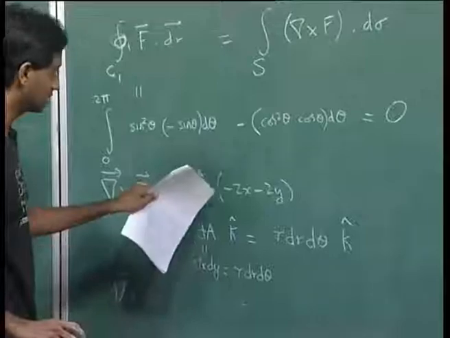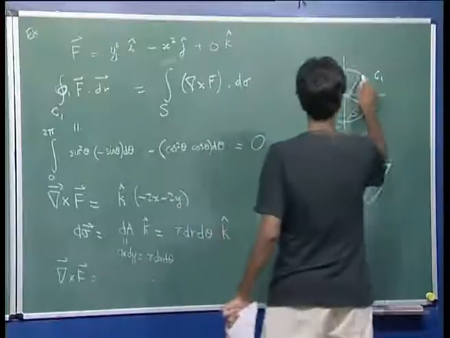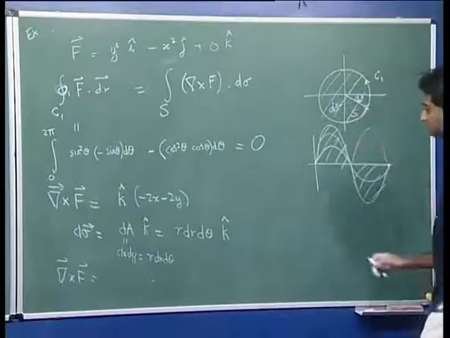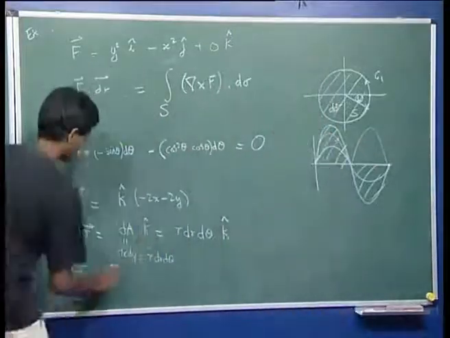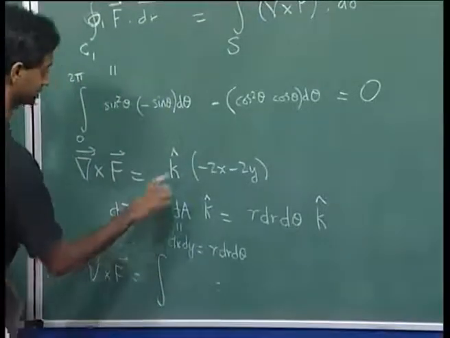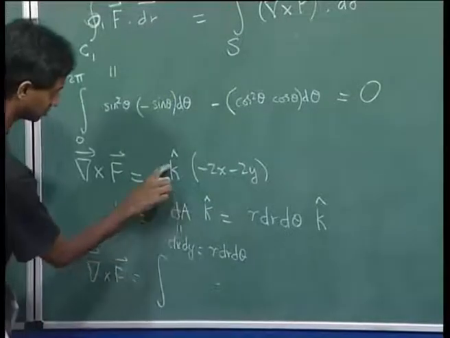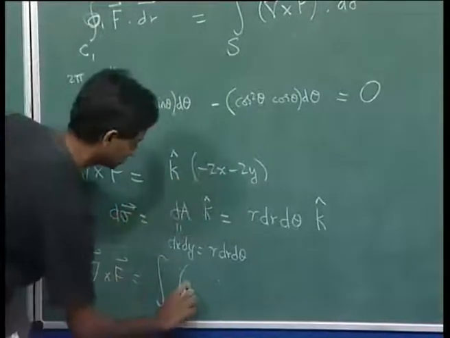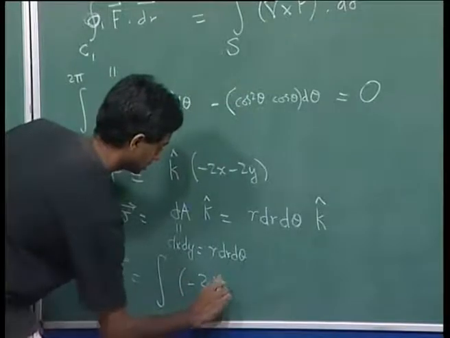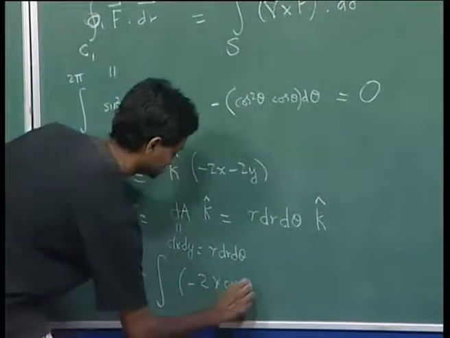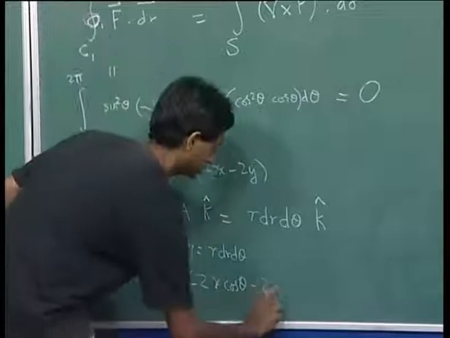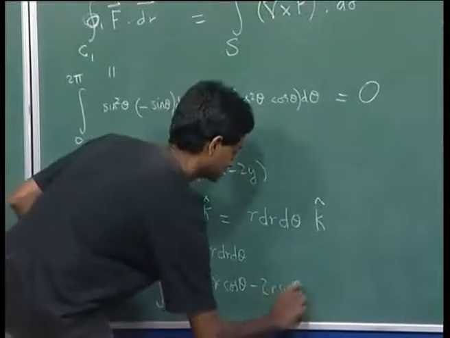And now your area integral, you have to integrate over this entire area, and the way to do that is to have the integral of del cross f dot d sigma. So you have minus 2 r cos theta minus 2 r sin theta.